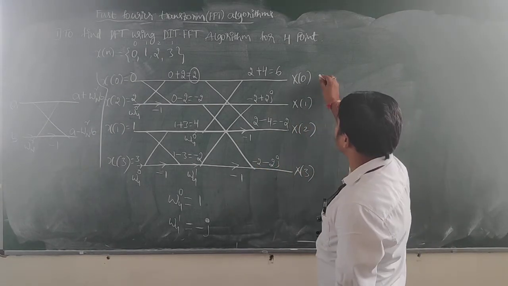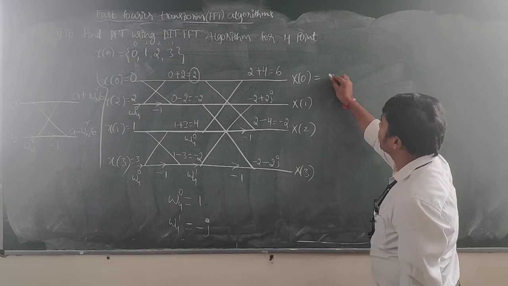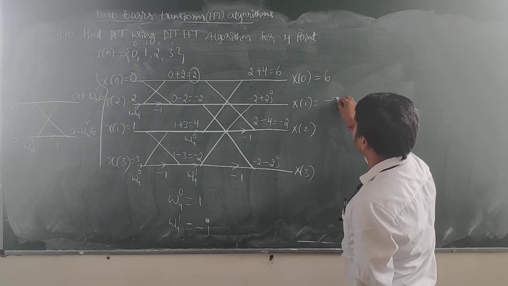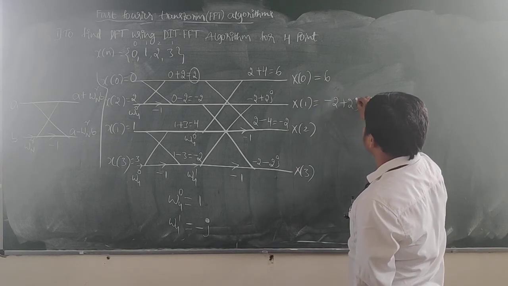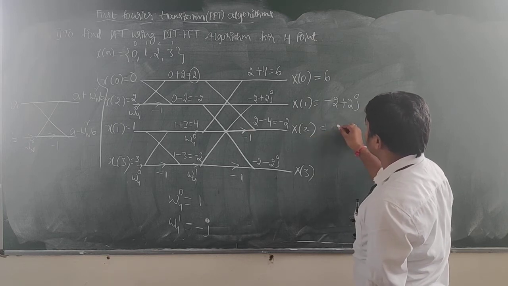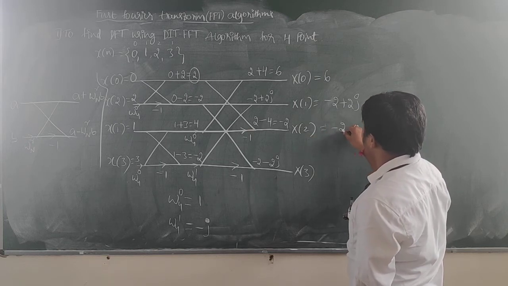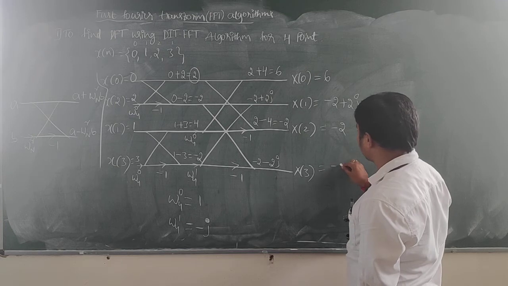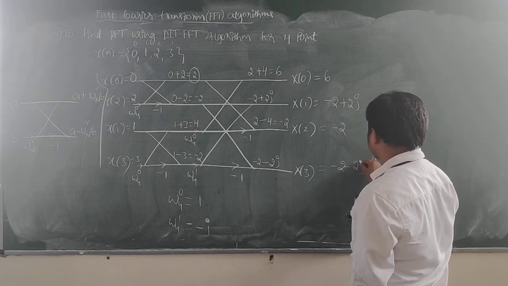Therefore x of 0 is equal to 6, x of 1 is minus 2 plus 2j, x of 2 is equal to minus 2, and x of 3 is equal to minus 2 minus 2j.